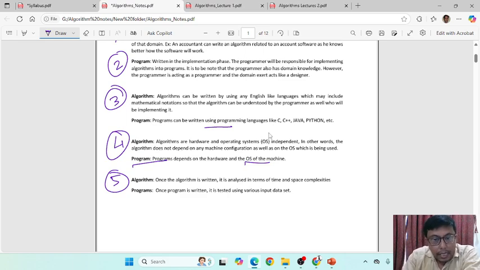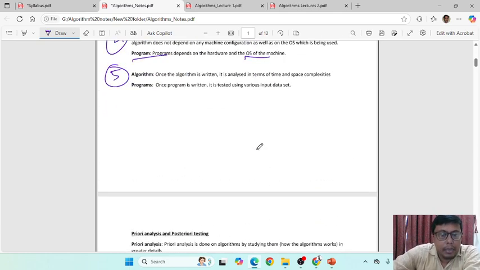Whereas for the program, once it is written, it is tested using various input datasets, and we also monitor how much memory the program acquires.